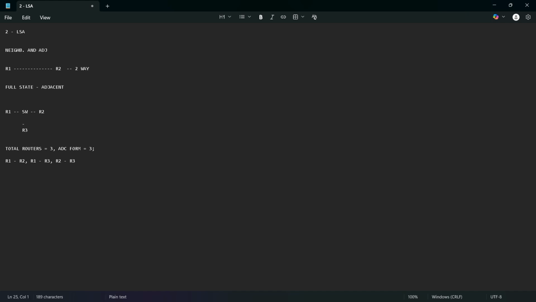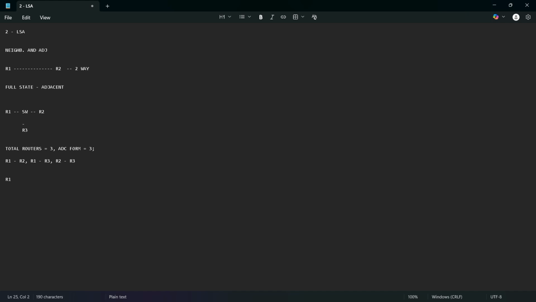Now, let me expand the topology to form a formula out of it, the relation between the total number of routers and adjacencies formed. Let's suppose we have four routers.